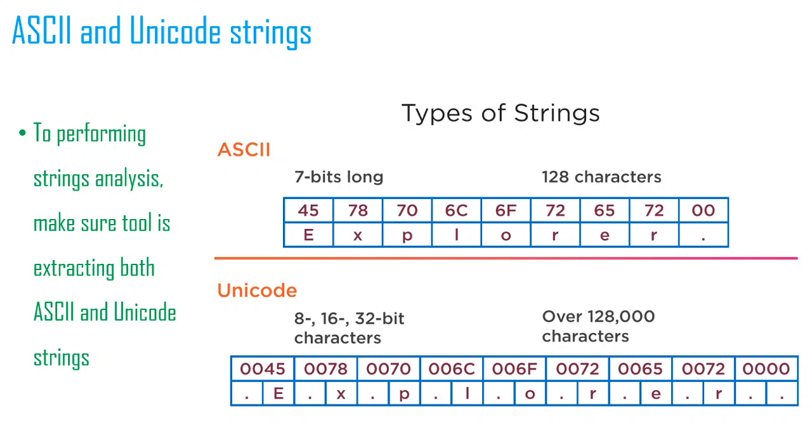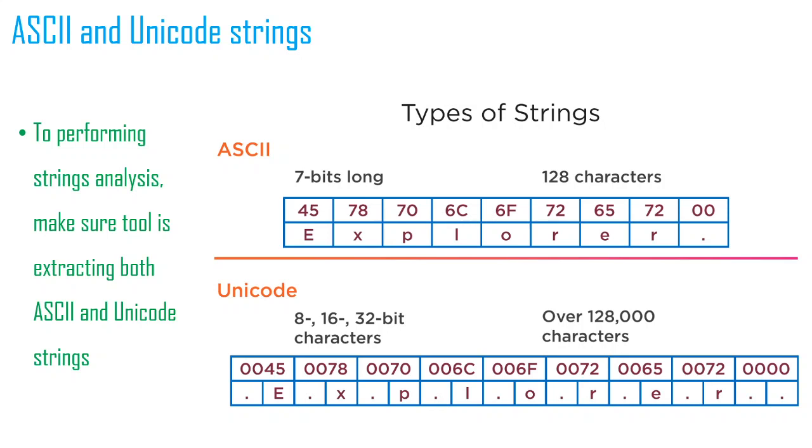ASCII strings are 7-bit long, and ASCII has 128 characters, in combinations of alphabets, numerals and some symbols. Simply put, the characters you see on the keyboard make up these 128 characters.